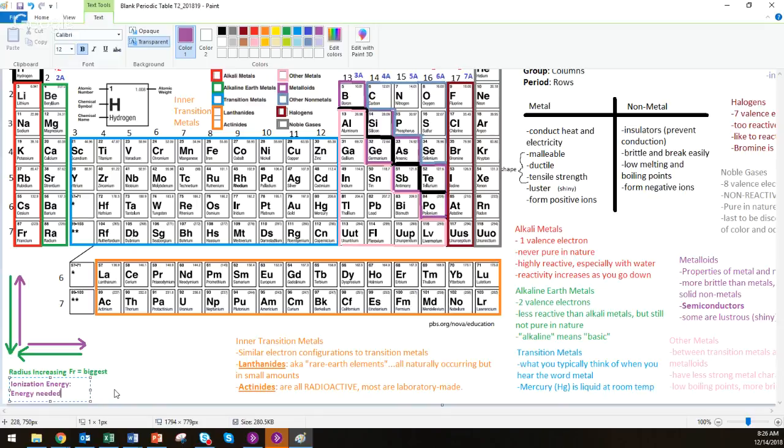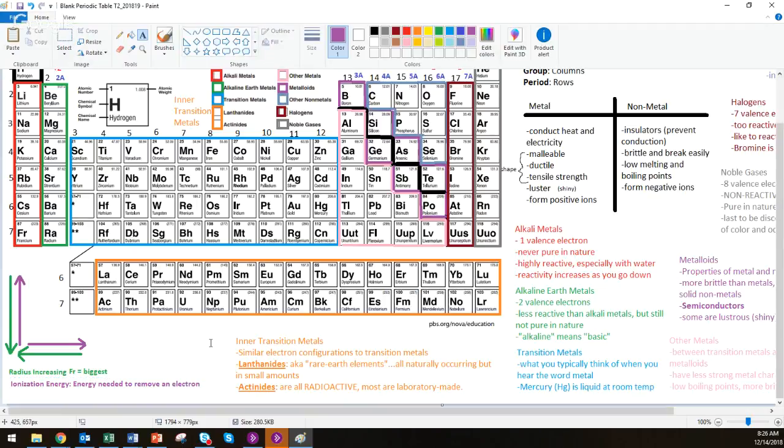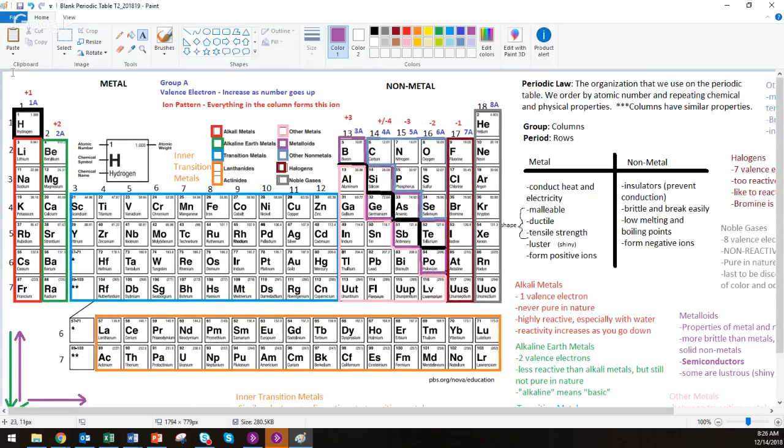The energy needed to remove an electron. It makes sense that, especially towards this end of the periodic table, ionization energy is super high. That's because over here we've got all of these negative ions. These guys don't want to give their electrons away. They want to steal extra ones.